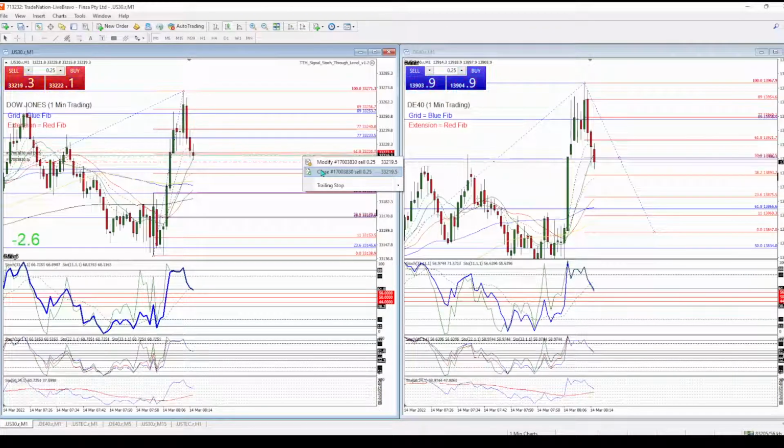Watch for 33 down through 50 on the DAX. I'm going to sit out of that one for now. Dow really struggling at the moment to follow through for the 5.